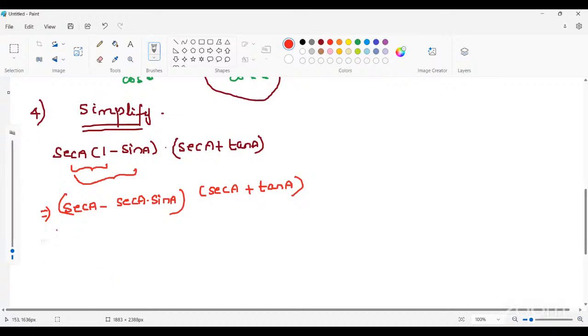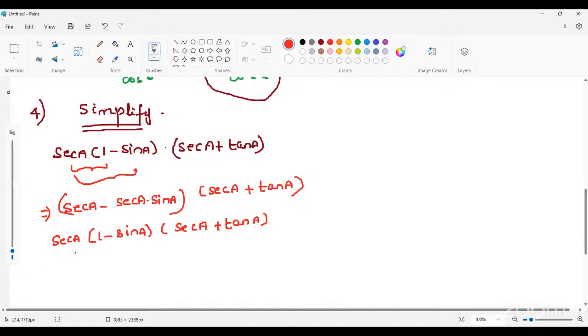So now what we are going to do here is secant A, now let's not take it out. Okay. So now this secant A into 1 minus sin A into secant A plus tan A, right?